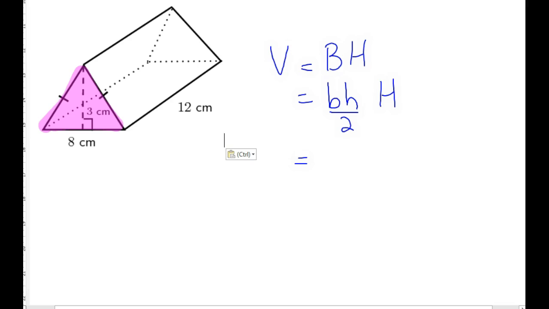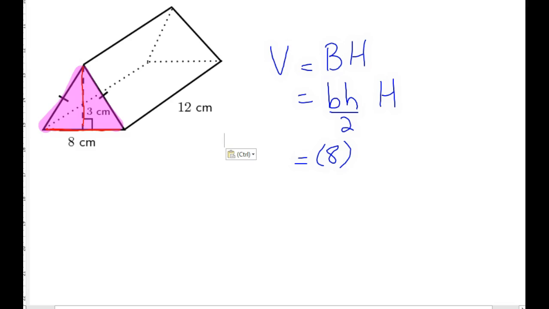So, well, what is the base of this triangle? Well, the base is this 8 centimeters right here. It's the bottom part. So I'm going to replace little b with 8. So what is the height of that base? Well, the height of the base is this 3 centimeters. It's not the 12 centimeters, because that's the height of the actual prism. The height of my base is 3 centimeters.